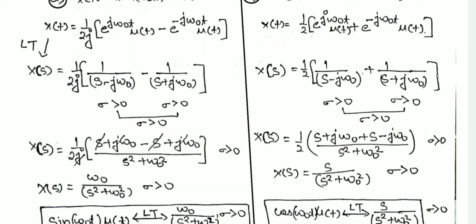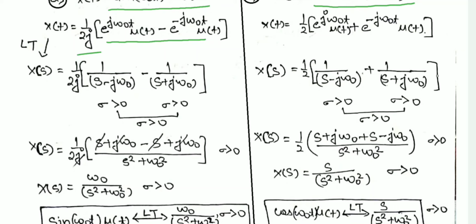The first question is to find the Laplace transform of sin omega t ut, and the second question is cos omega t ut. Okay, when we break it into exponential parts, sin omega t becomes e to the power j omega t minus e to the power minus j omega t divided by 2j.